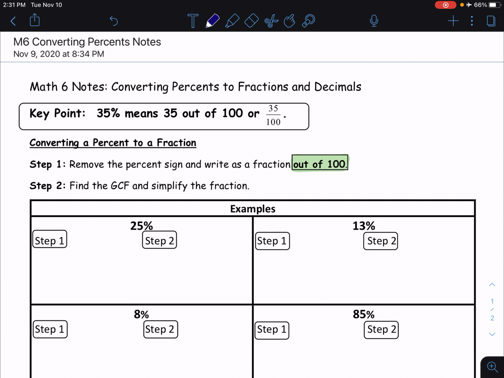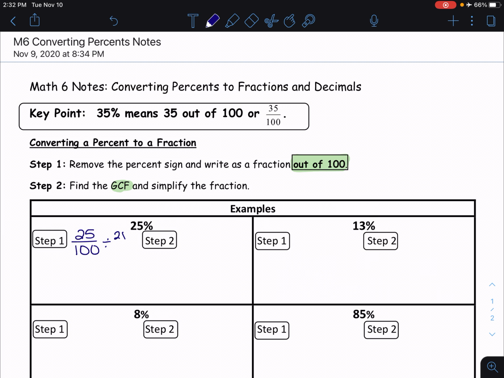So in step one here, for 25%, I'm going to take away the percent sign and I'm going to write my fraction 25 over 100. Now, depending on how you want to simplify, some of us are going to see what 25 and 100 have in common in different ways. I'm going to use the greatest common factor. The greatest thing that these two numbers have in common is 25.